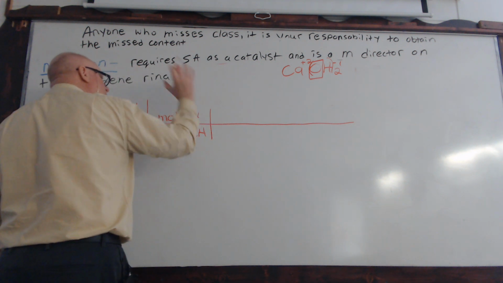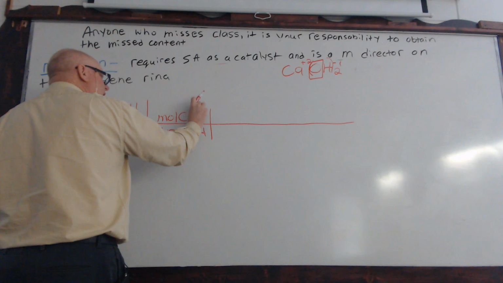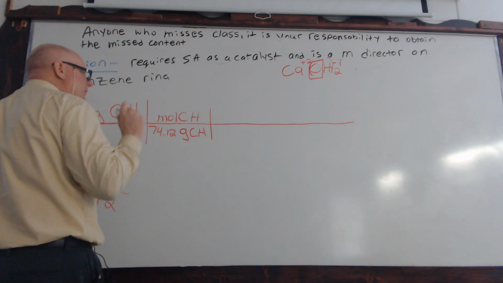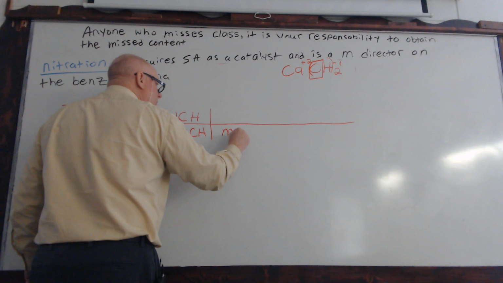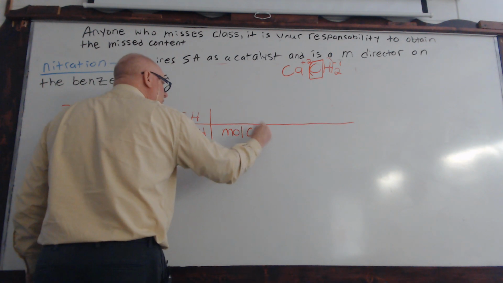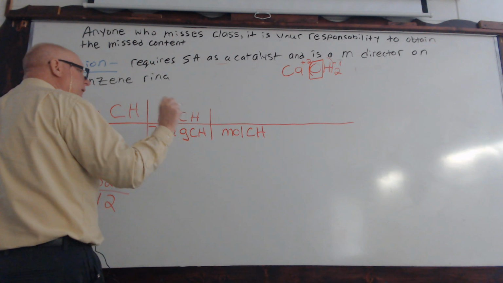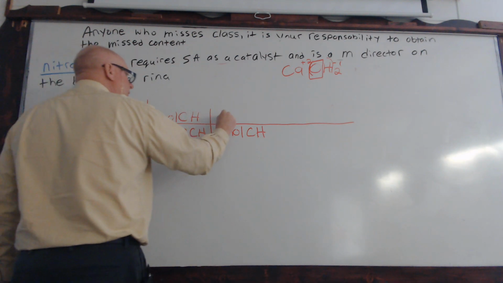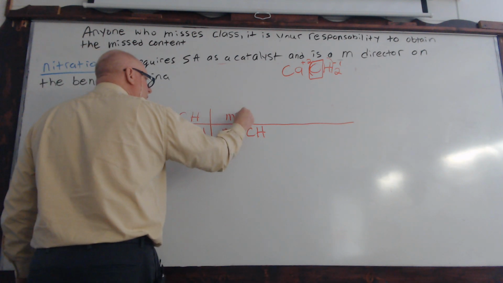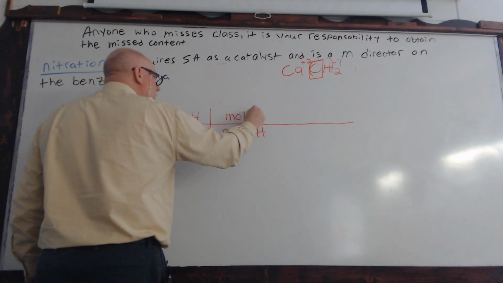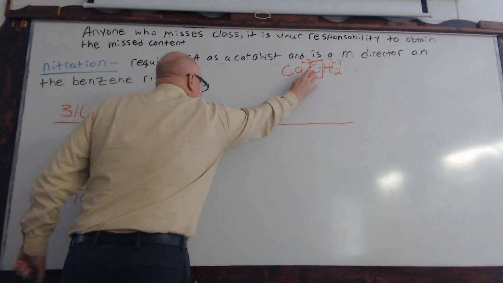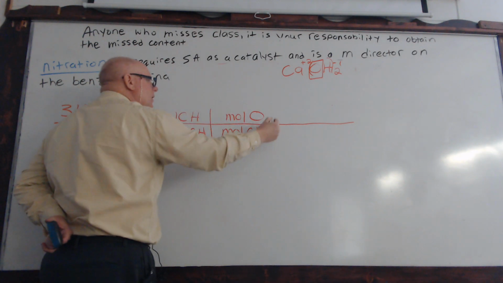In this step, we can get rid of this moles of calcium hydroxide. And how would we do that? Moles of calcium hydroxide on the bottom, which is what we have, and moles of oxygen on top. Because again, that's why we put a box around it, because that's what we're looking for.